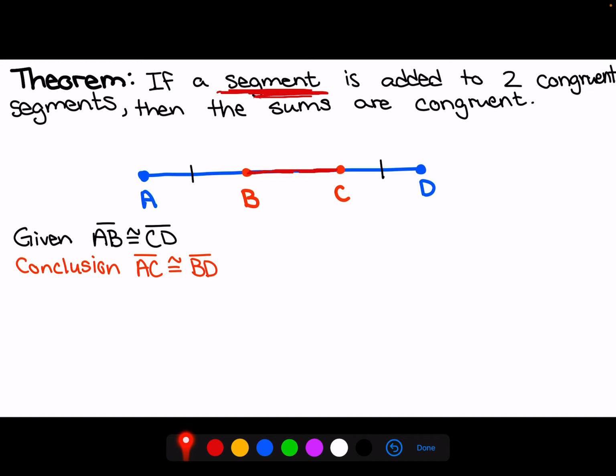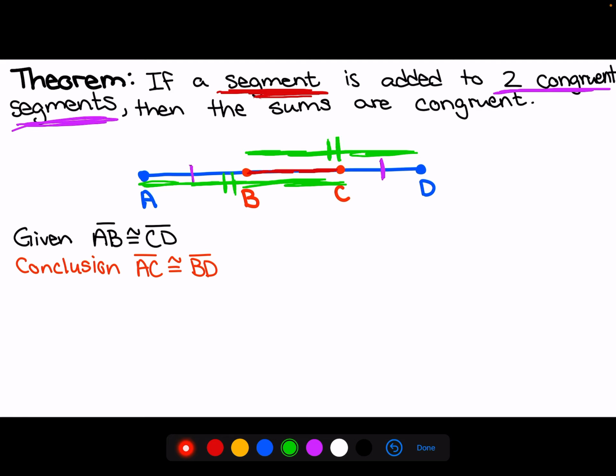When I say two congruent segments, I mean segment AB and segment CD. Then the sums are congruent, meaning from A to C is congruent to B to D. So these two segments here are congruent to each other.